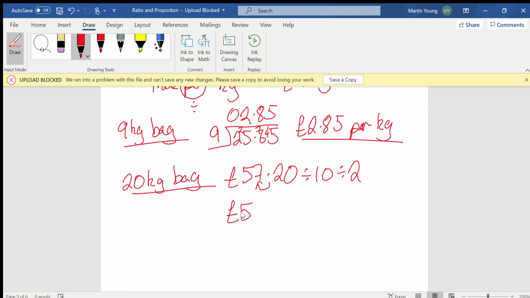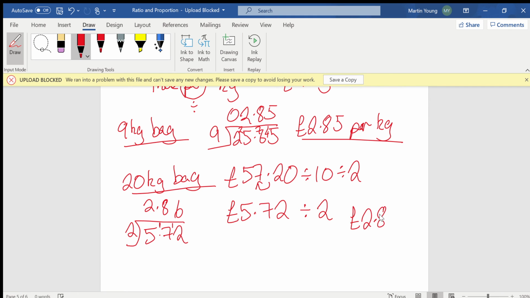So it's going to be 5.72 now, and dividing that by 2. Set out a sum if you need to. Now by 2, I can get 2 into that, carry the 1 over, I can get 8 into that, remainder 1, which is 6. So for this one, it's £2.86 per kilogram.